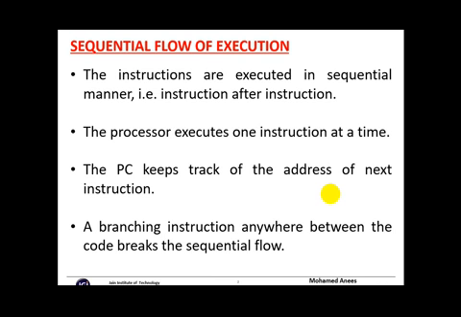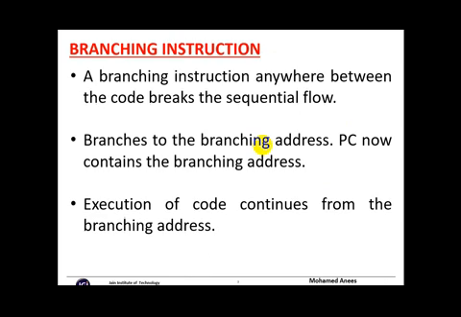there is a branching instruction which occurs in between the code. Whenever there is a branching instruction anywhere between the code, it breaks the sequential flow. So a branching instruction is one which, anywhere it occurs between the instructions, breaks the sequential flow.